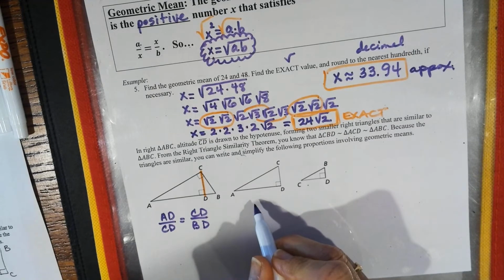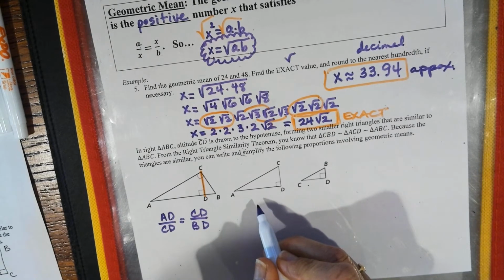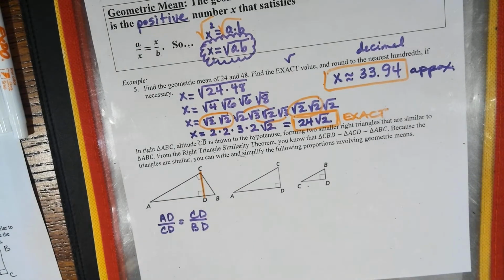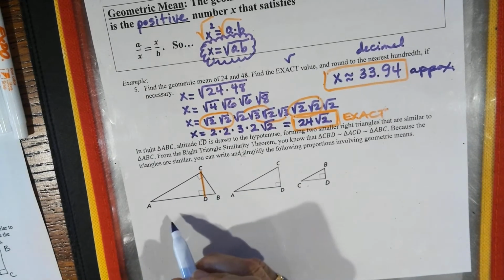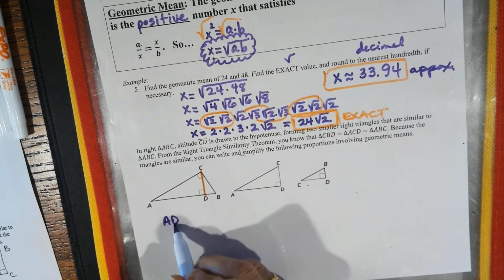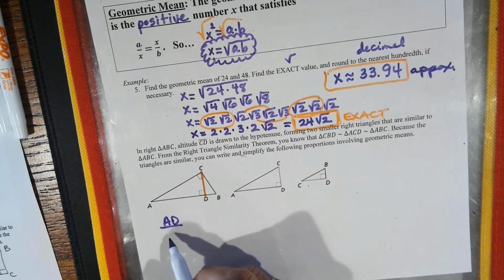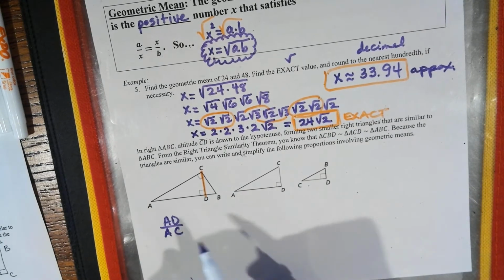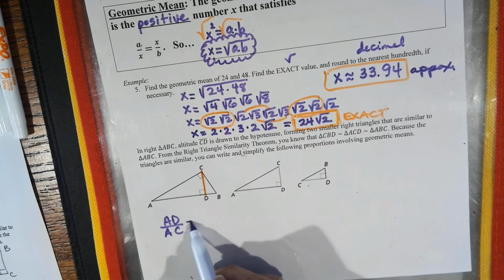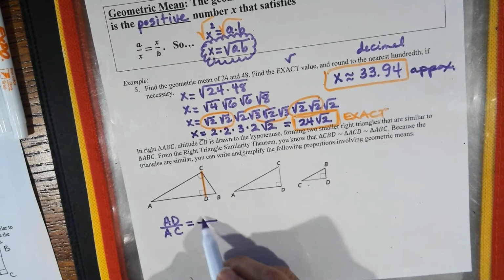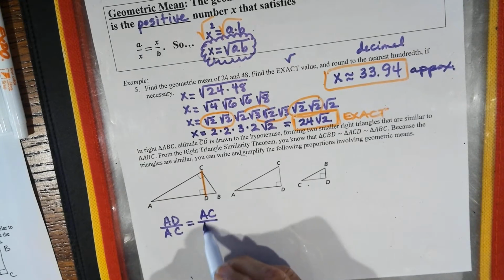We can also write, nope, I wrote the wrong one. Sorry. For this one, AD over AC equals AC over AB.